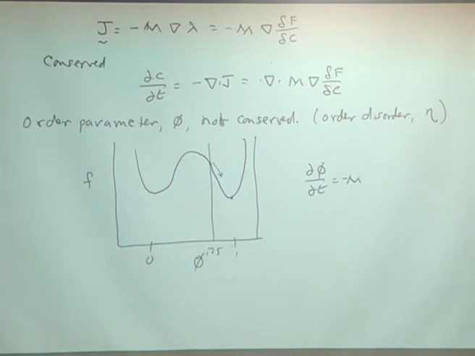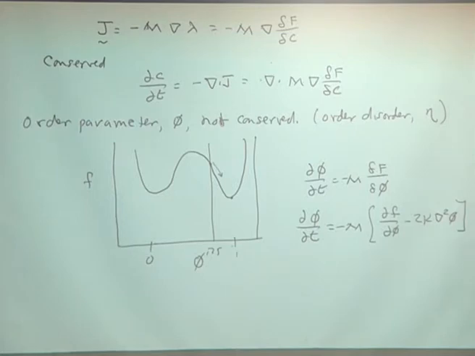It's just moving down gradients in the free energy in order parameter space. So if you think about this equation over here, well, okay. And so we already know how to take that functional derivative. And it's just exactly the same thing we had before for the conserved case.